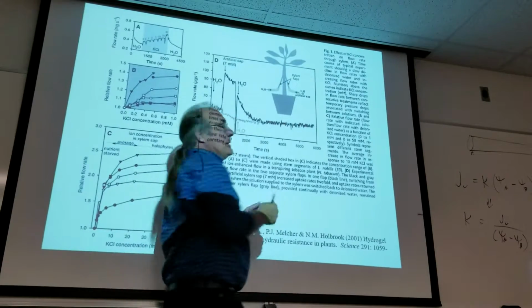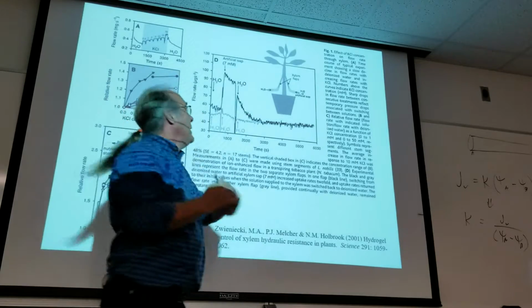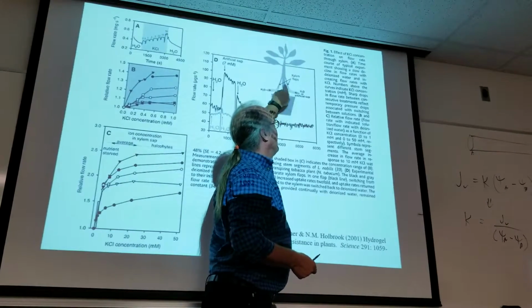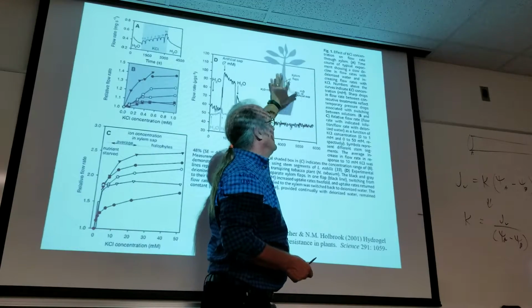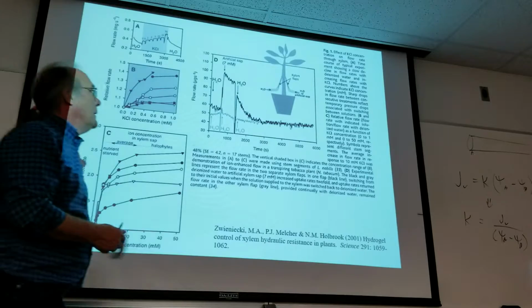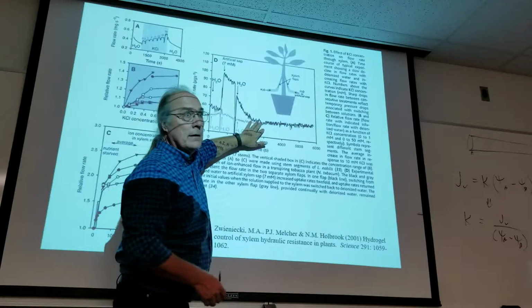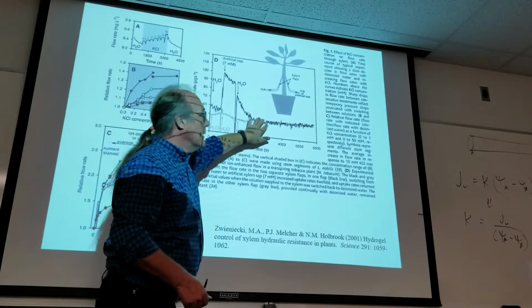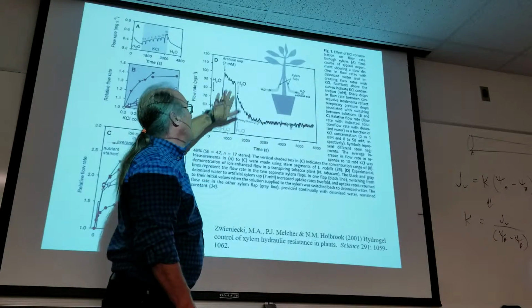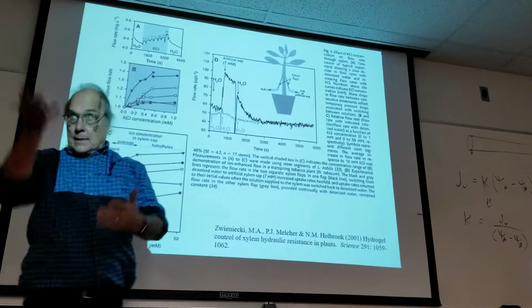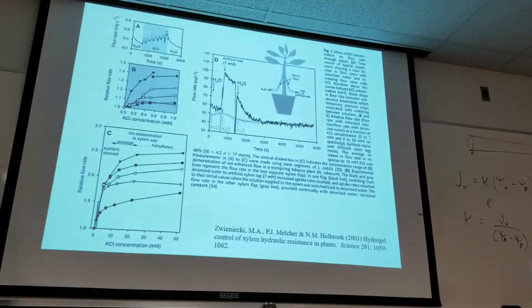So they had these living peels off the stem, and then they hooked up their tubes to the ends of those and supplied them with water and measured flow rates through that living system. And they also found the same thing: when they used distilled water, low conductivity of the xylem. When they used artificial sap, high conductivity of the xylem.